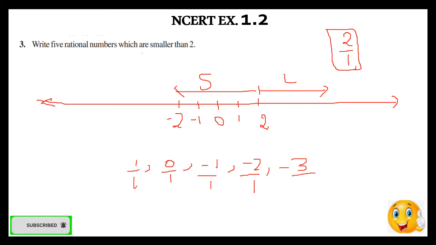Apart from this answer, you can take other denominators as well. You can write 1 by 4, 0 by 4, -1 by 4, -2 by 4, -3 by 4. So any number in the denominator you can take to make it in the form of p by q. So I hope the answer is quite clear to you all, guys.